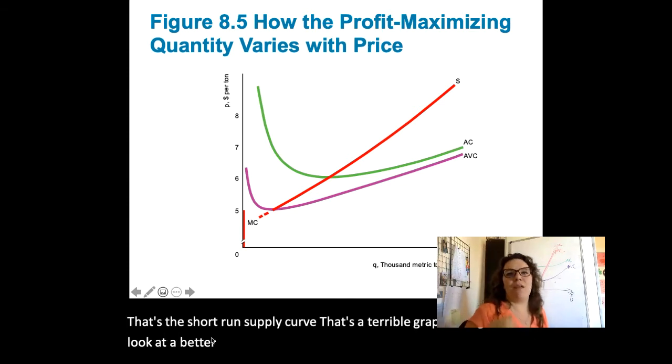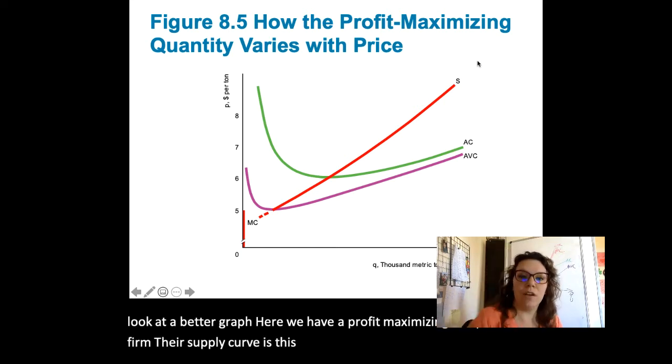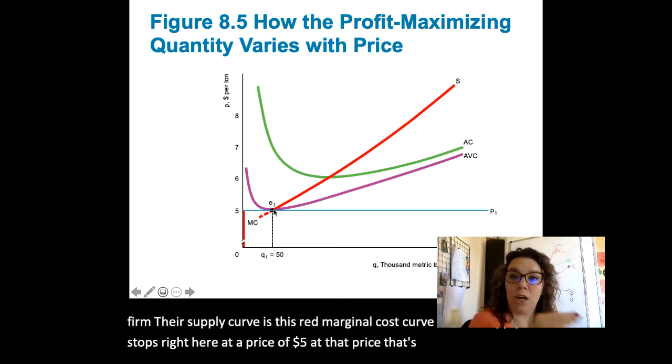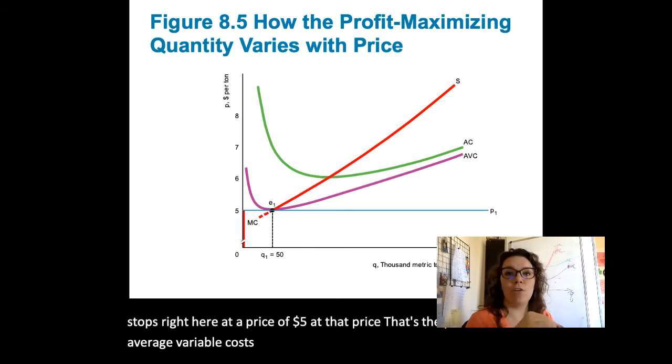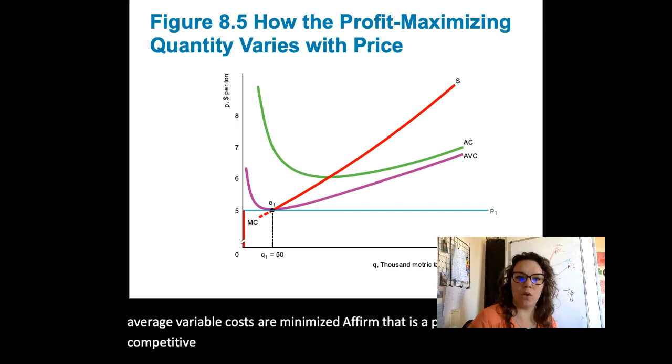Here we have a profit-maximizing competitive firm. Their supply curve is this red marginal cost curve, but the supply stops right here at a price of $5. At that price, that's the point where average variable costs are minimized. A firm that is a profit-maximizing competitive firm would not produce below that level.